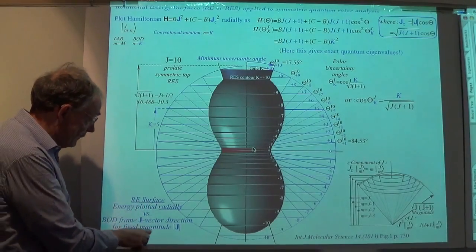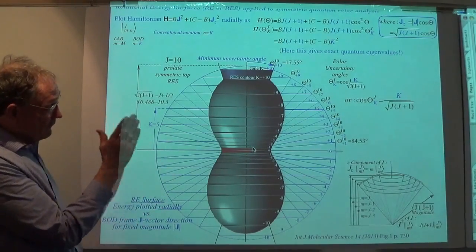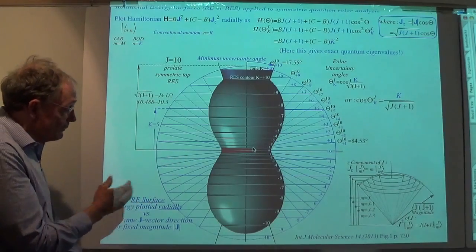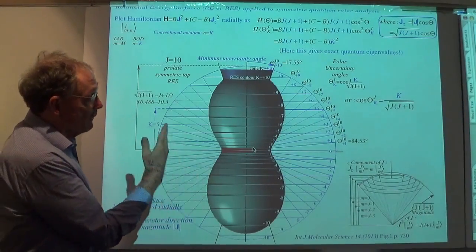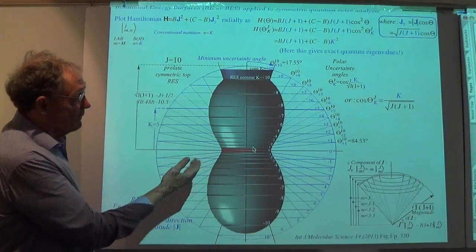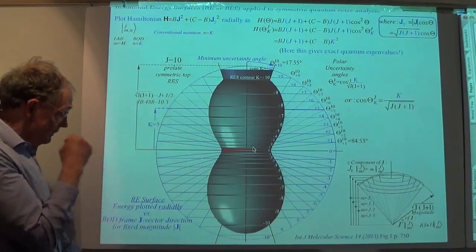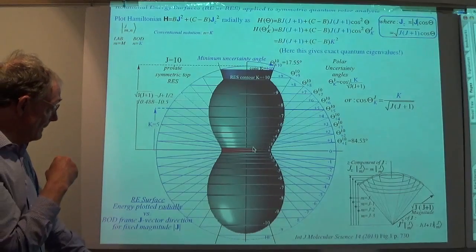So that's fixed while we test different directions of the J vector, which corresponds to picking more or less the different angular velocities, rotation directions for the object in question.